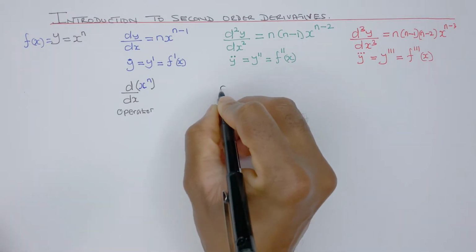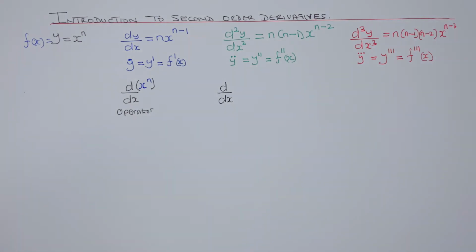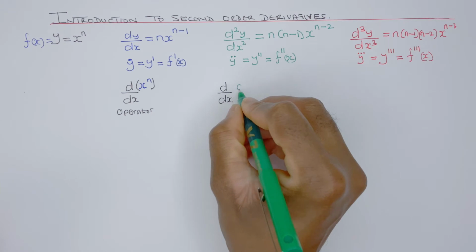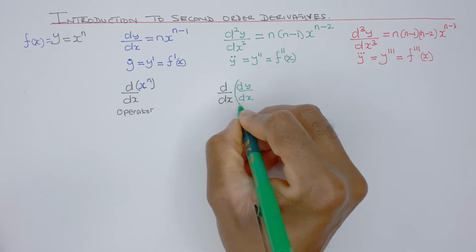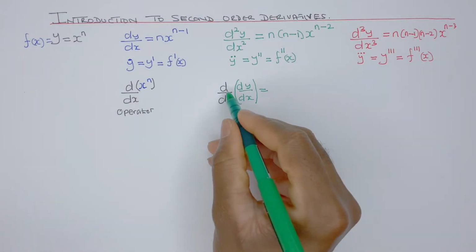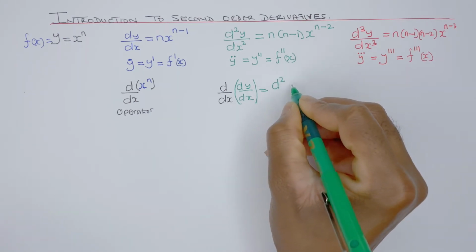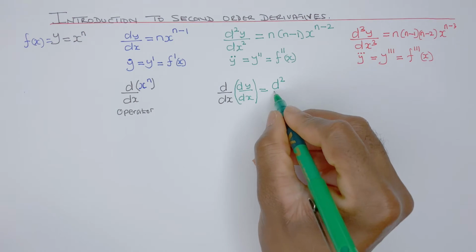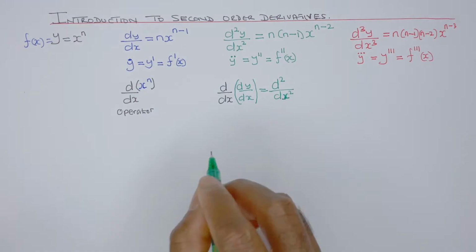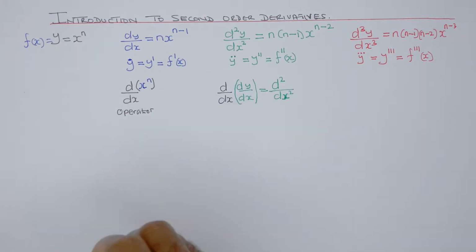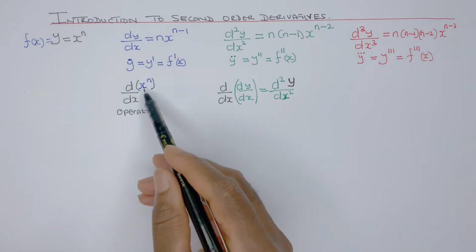So we've got the operator, and now this operator is operating on d over dx. As you can see, d times d is d squared, and dx times dx is dx squared. And that's still operating on y, which is x to the power of n.